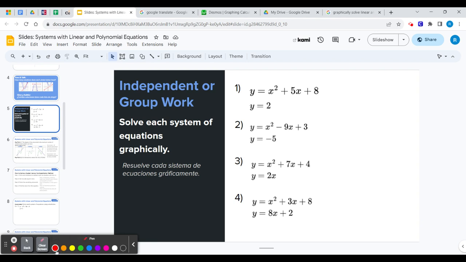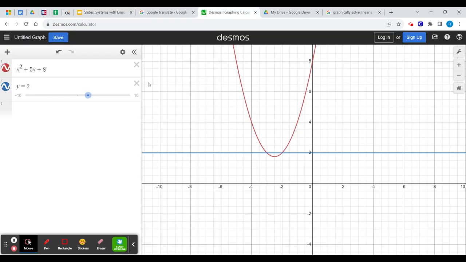If you go into Desmos and punch in the 2 equations for system 1 here, you can see that we get a nice quadratic curve and a nice line, there's our polynomial and linear system. If we click on either of those lines, some gray dots pull up.